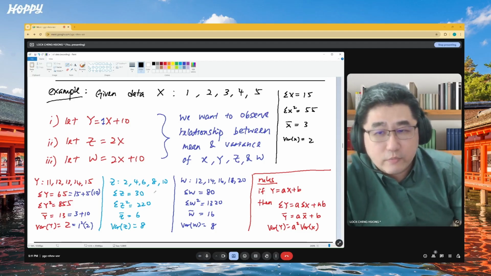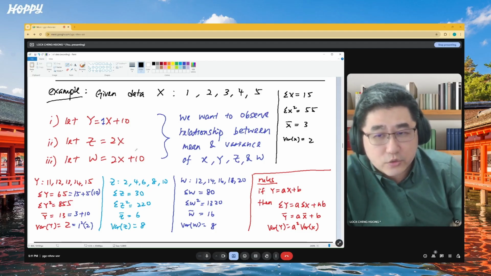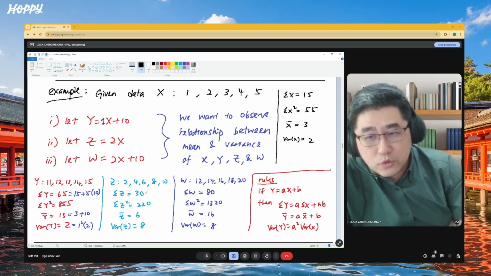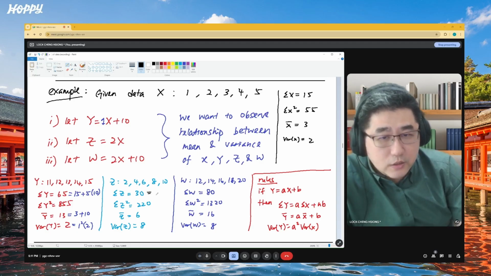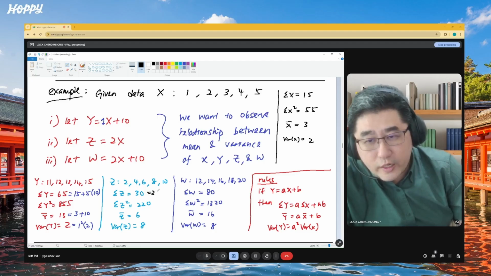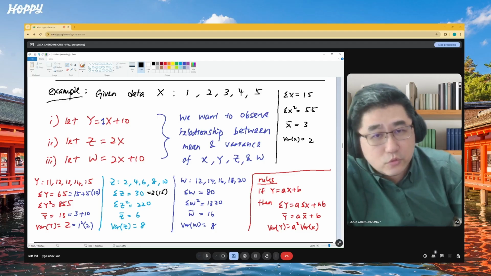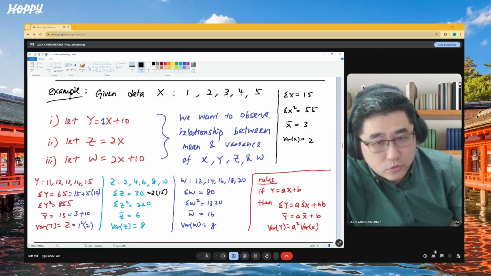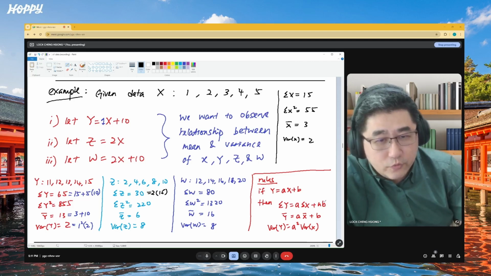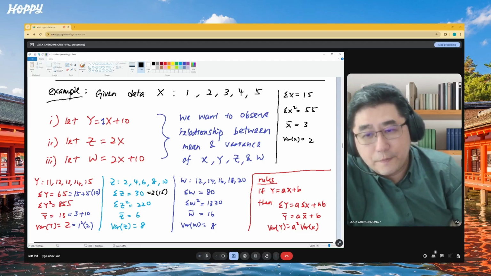Let's look at the second one. The z is 2x. The a is 2. The b is 0. So for this one, following this formula, it is 2 times 15 plus 5 times 0. Of course this is 0 over here.